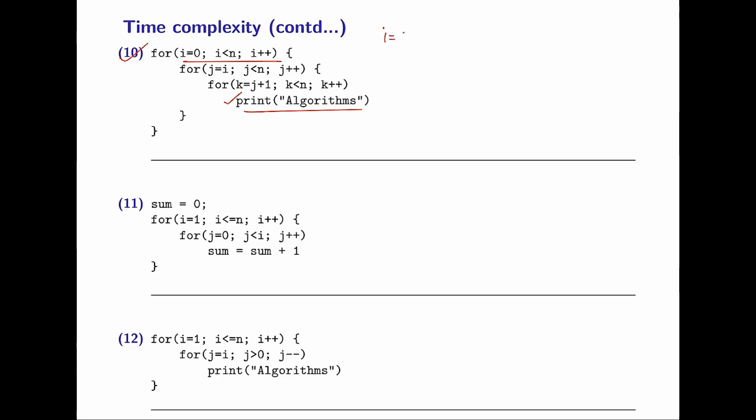We need to analyze when i equal to 0, how many times j is going to execute: 0 to less than n, so n minus 1 times. And i is going to execute from 0 to n minus 1.